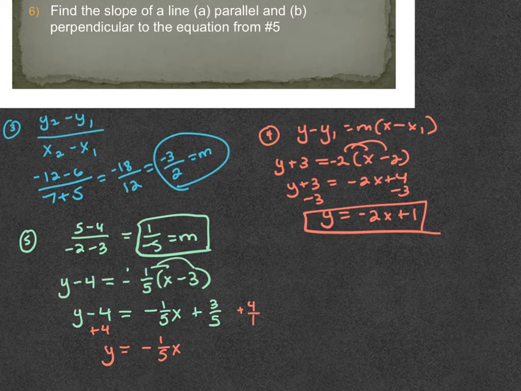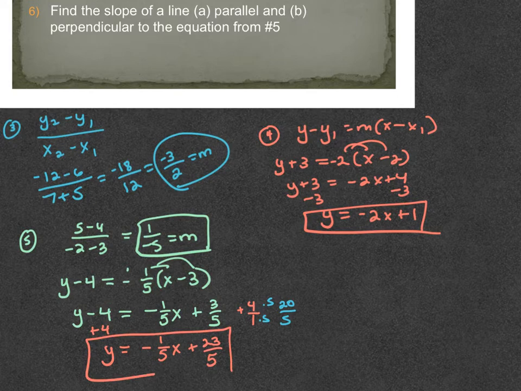This has to get the same denominator. So it becomes 20/5. 3/5 plus 20/5 is 23/5. So you can leave it like that for your answer for the equation. Obviously, if I was to graph this, I'd have to convert that 23/5 into 4 3/5.